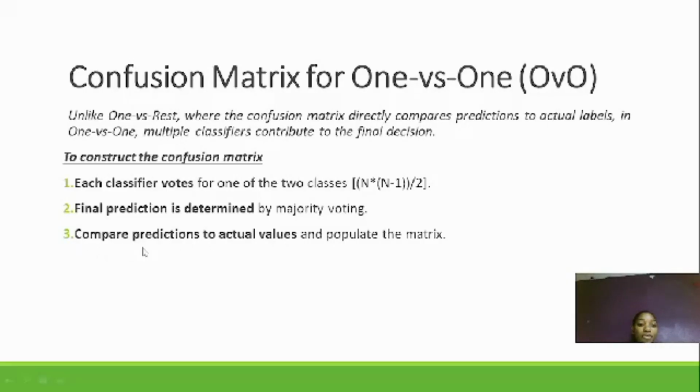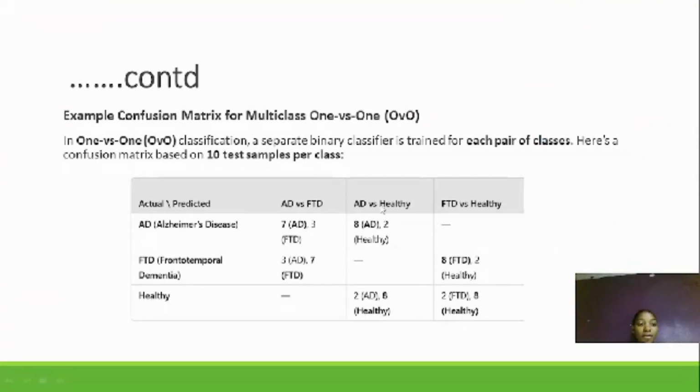And you calculate the matrix. So an example of the confusion matrix for the multi-classification is this. If we have 3 different cases, that is Alzheimer's disease, frontotemporal dementia, and the healthy cases, here you get different classifiers.